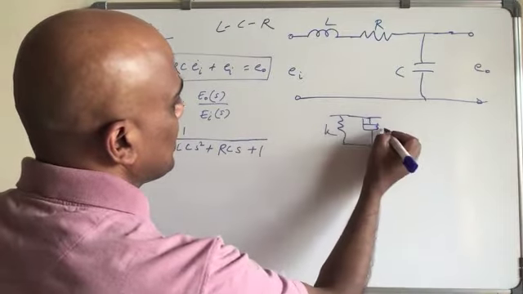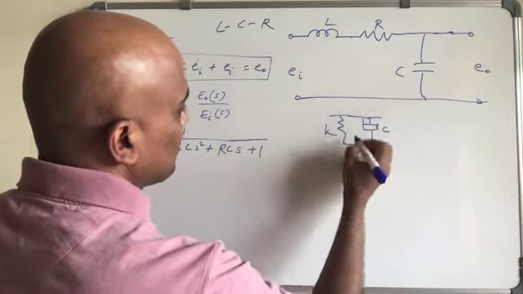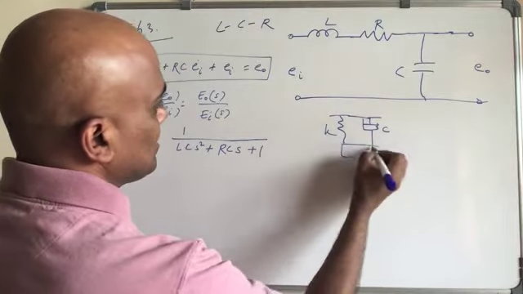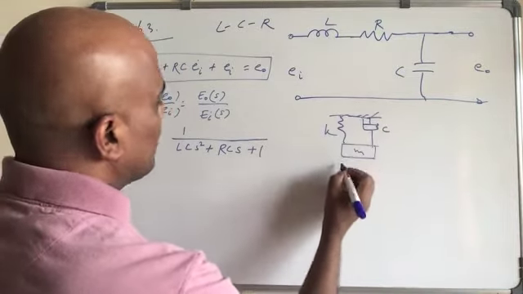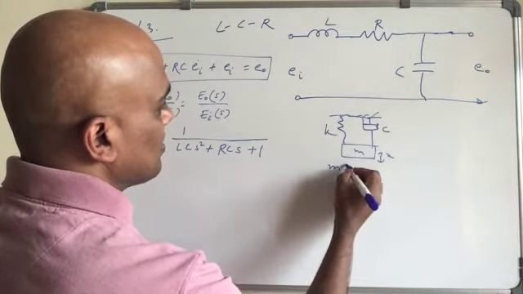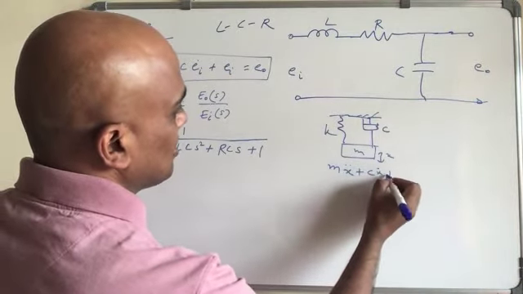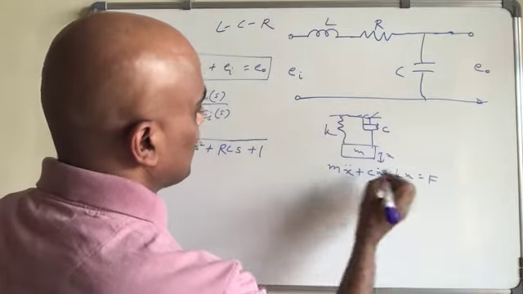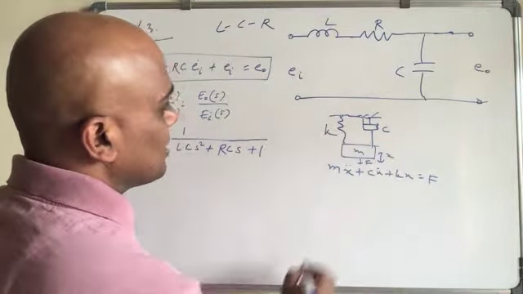Okay, so this is the transfer function, and we compared it with our original system that we know: this is k, this is the damping small c, and there is a mass m. The equation for this is m x double dot plus c x dot plus k x equal to F, where x is the displacement and F is the force being applied here.